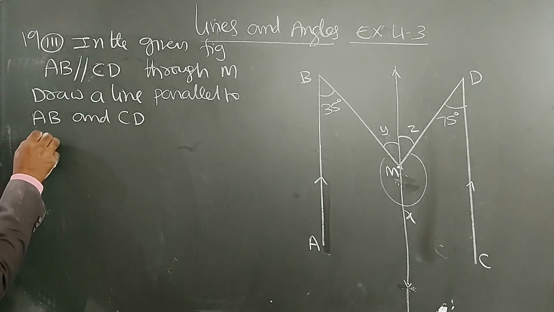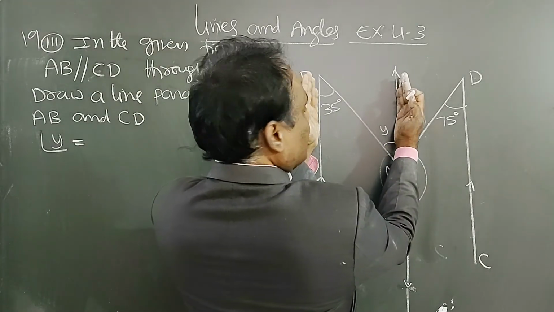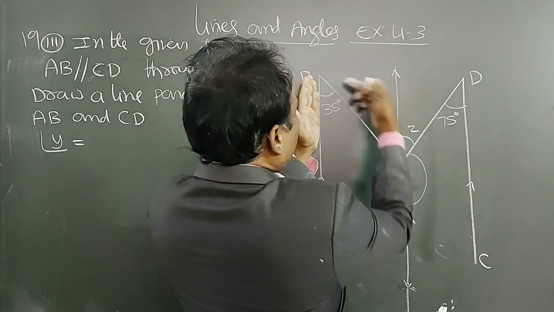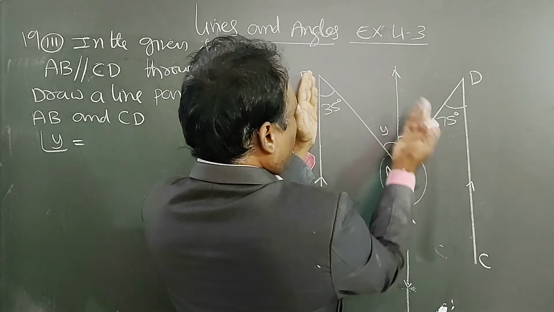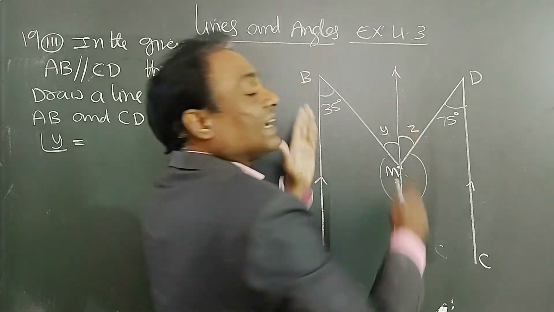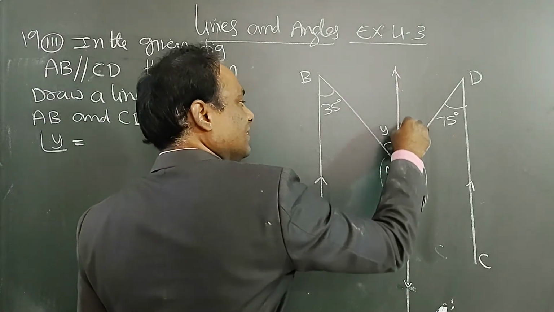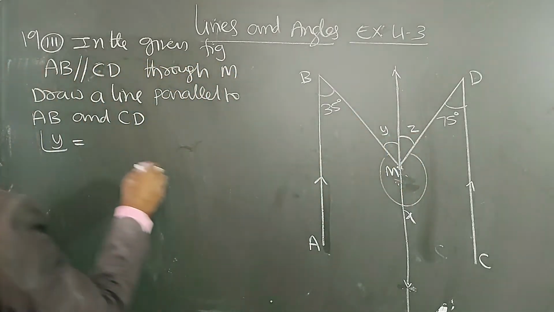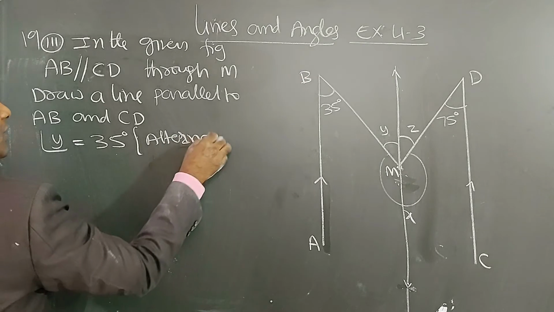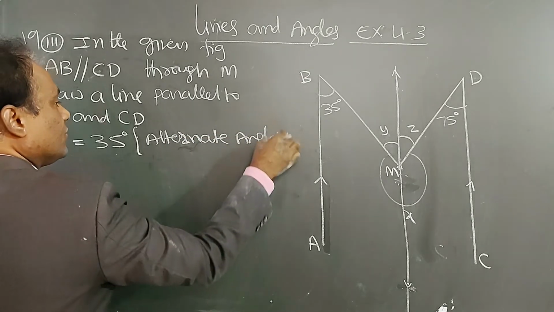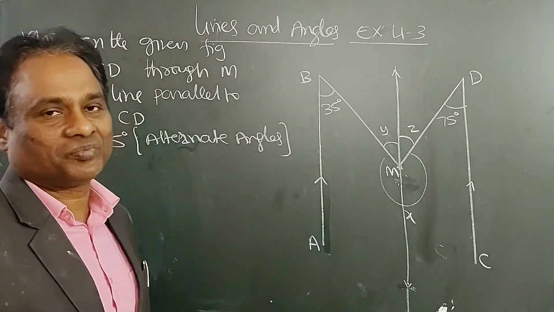See here, students. These two are parallel lines, and this is a transversal. These two are interior angles on opposite sides of the transversal. These two are alternate angles. Angle Y is equal to angle 35, alternate angles.